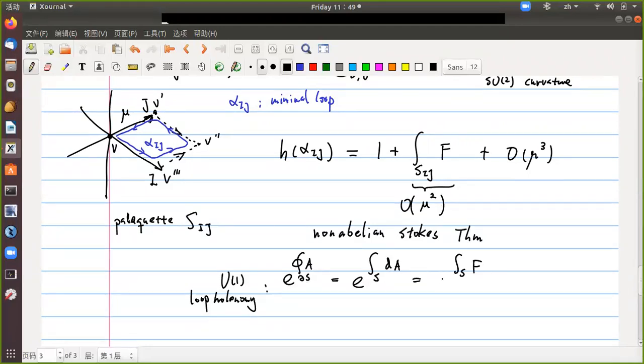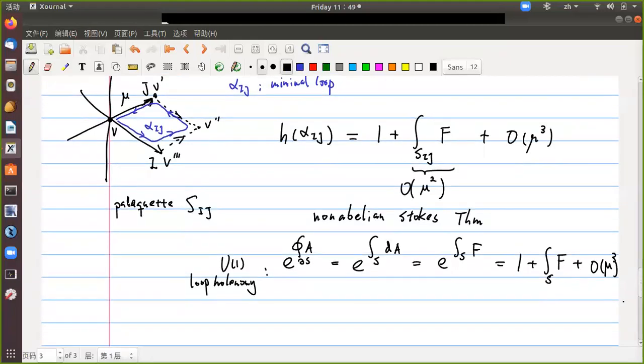Then you expand: this is just 1 plus higher order in mu cubed.